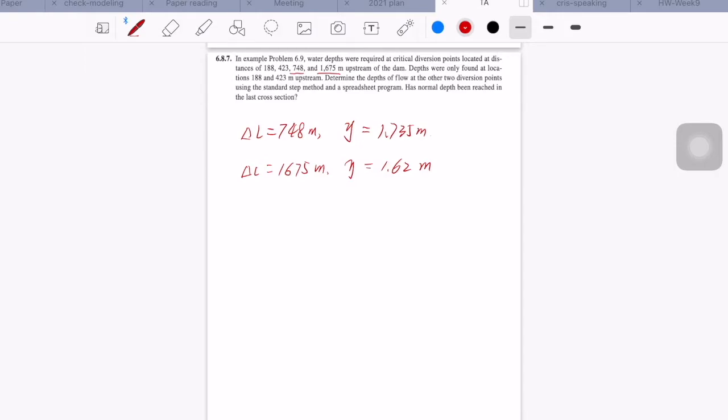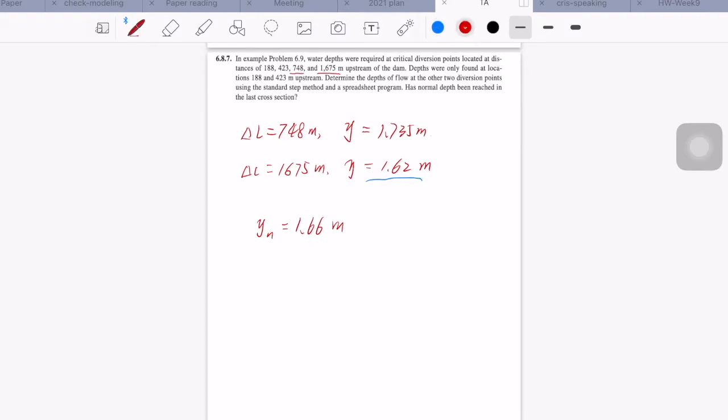In example problem 6.9, we know that the normal depth is 1.66 meters, and the water depth that we calculated in the last cross section is 1.62 meters.